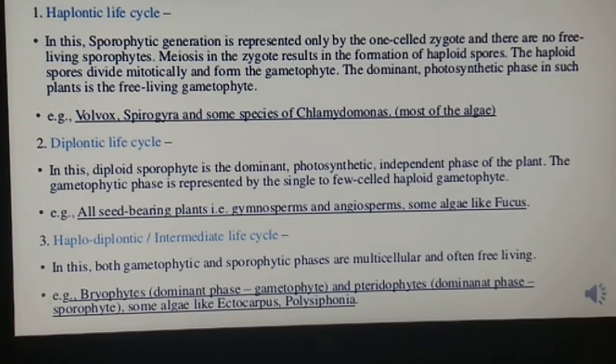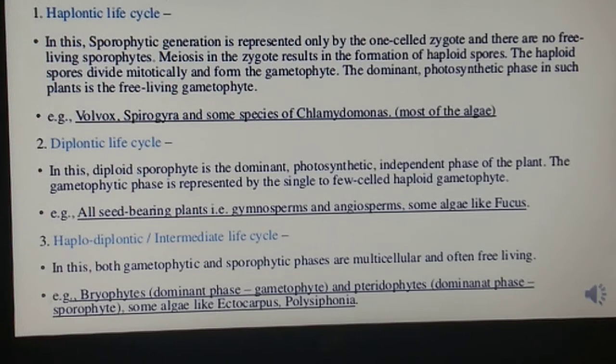The second one is the diplontic life cycle. In the first case, the photosynthetic phase was the free living gametophyte, but in the diplontic life cycle the diploid sporophyte is the dominant phase, and the gametophyte phase is represented by a single to few celled haploid gametophyte.